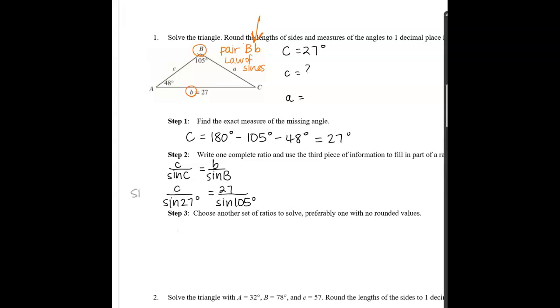So I'm going to multiply a sine of 27 degrees to both sides of this equation, particularly so that it will cancel on the left side and leave me with what little c is equal to. So now when we put this entire expression in our calculator for little c, we see that little c is approximately 12.7.